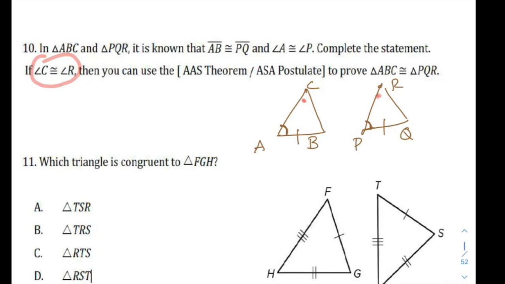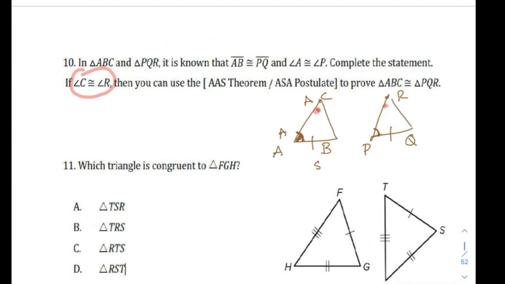We have here angle, then another angle, then side. Same order there: angle, angle, side. That means we have the AAS theorem.